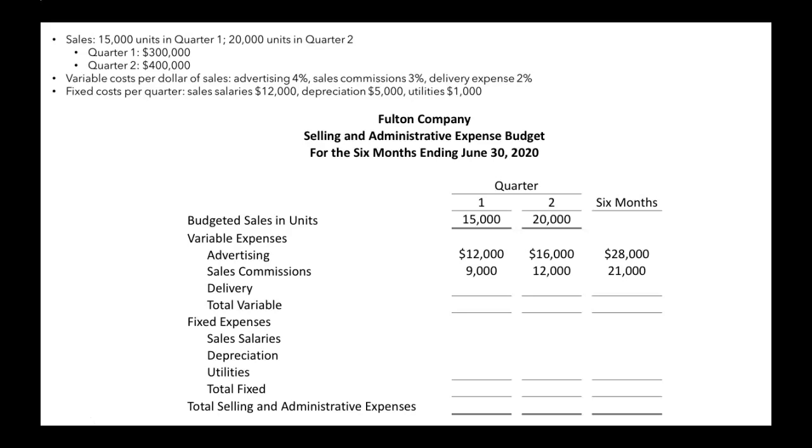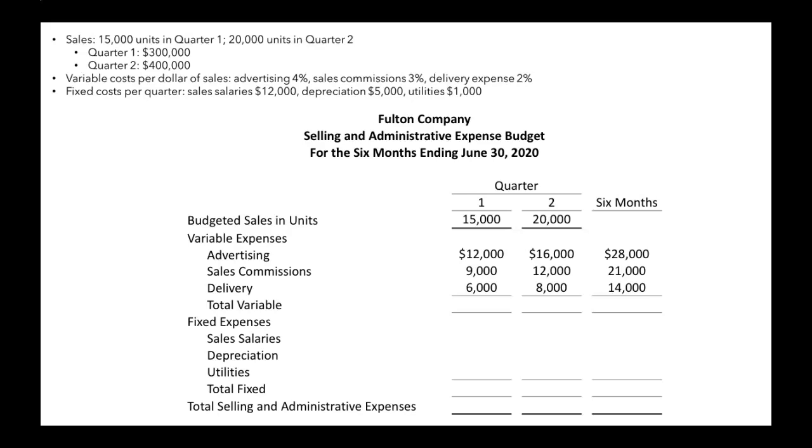Now delivery expenses, those are going to be 2% of our sales dollars. So 300,000 times 0.02 and 400,000 times 0.02, which will give us 6,000 and 8,000 and 14,000 when you add those two together for the first 6 months of the year. So those are each of our individual variable expenses.